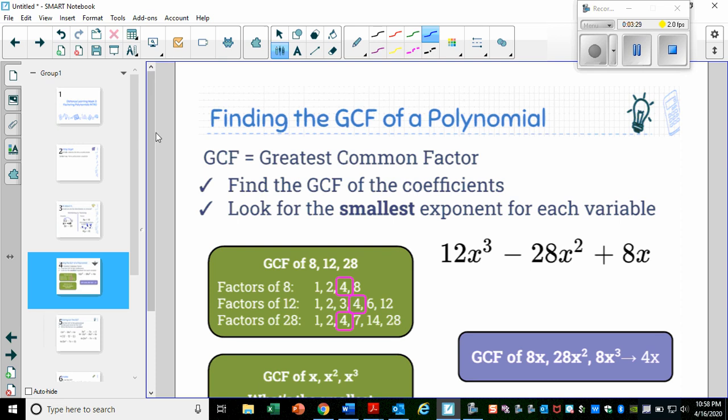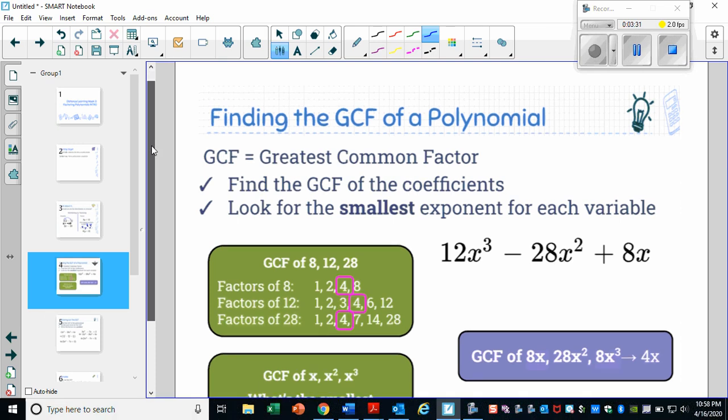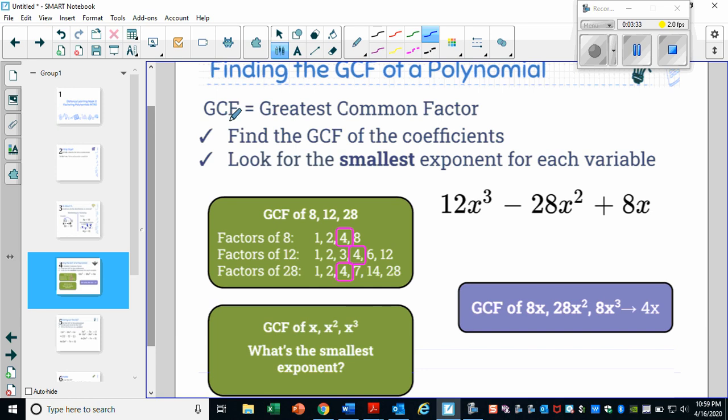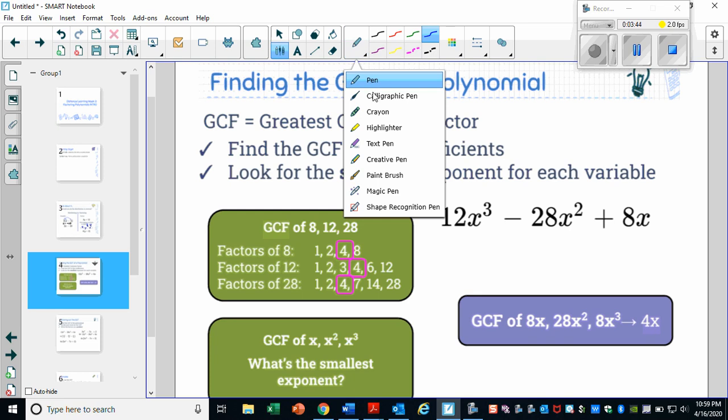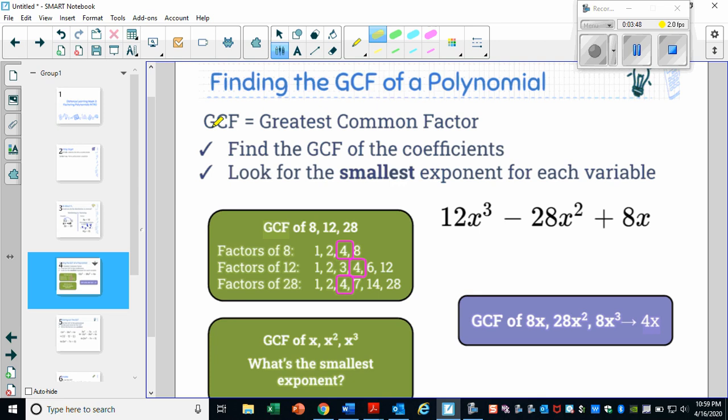Now finding the greatest common factor of a polynomial. Greatest common factor, that's the GCF. That will be what we will call the greatest common factor. We're going to abbreviate it as GCF. So now anytime we factor a polynomial, we want to find the GCF of the coefficients.